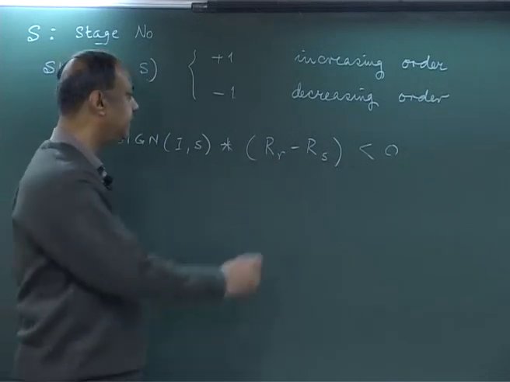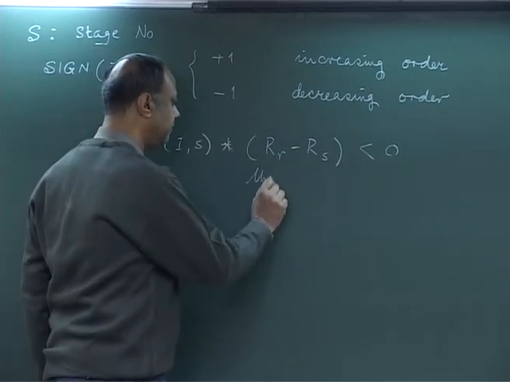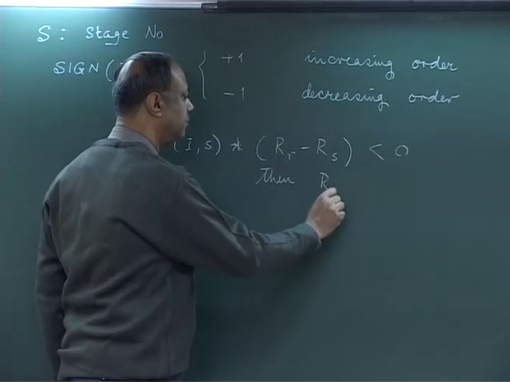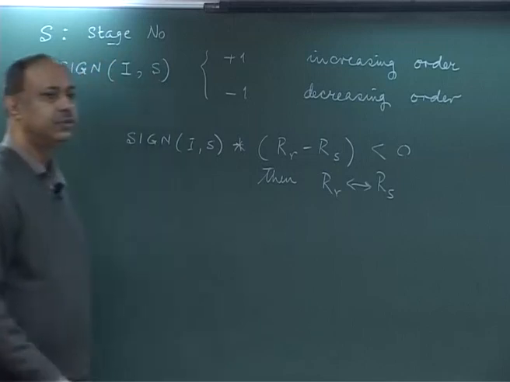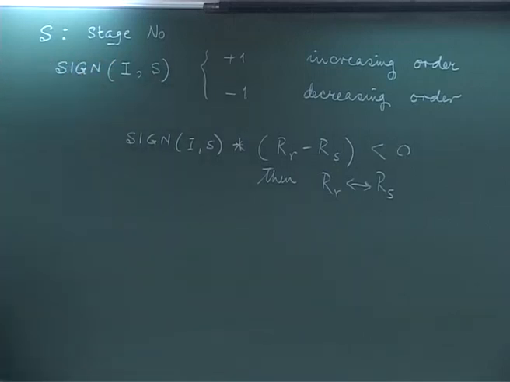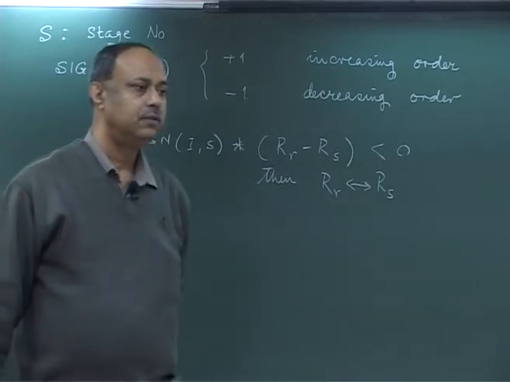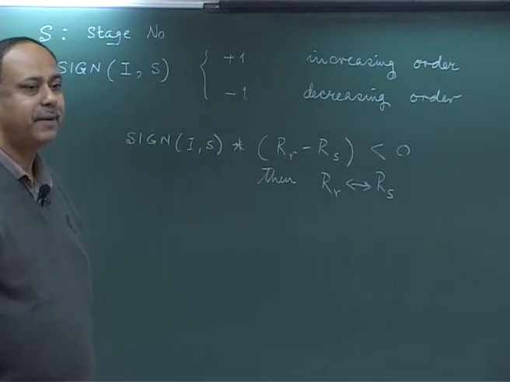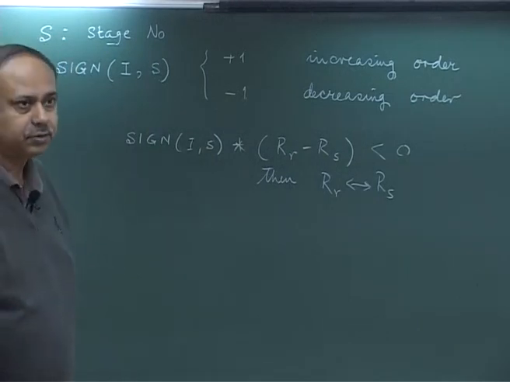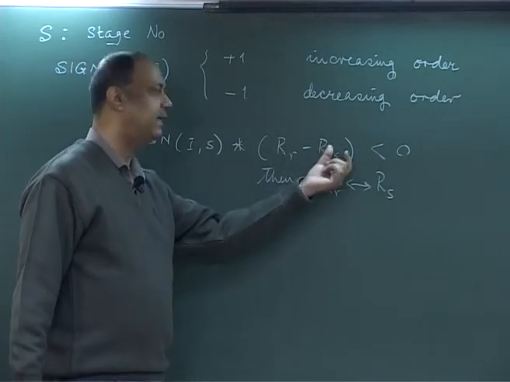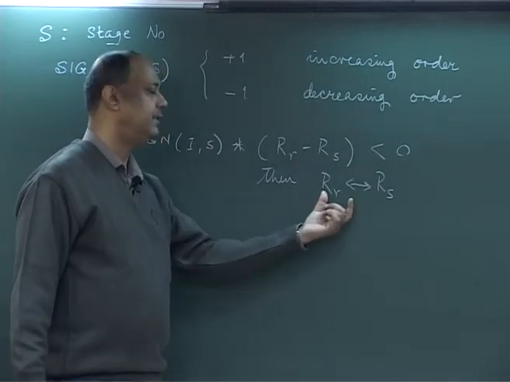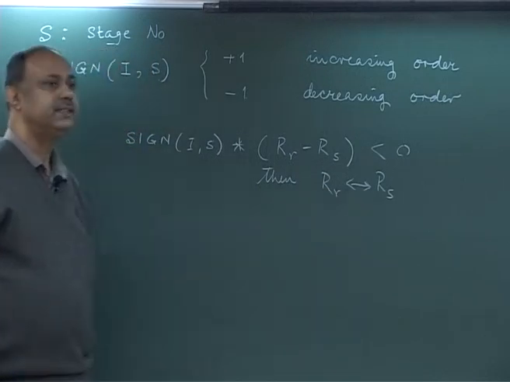If yes, then just interchange RS and RR. So, wherever you are using the base routine, row merge, column merge, and so on, you check sign(I, S) times (RR minus RS) less than 0, then RR should be interchanged with RS.